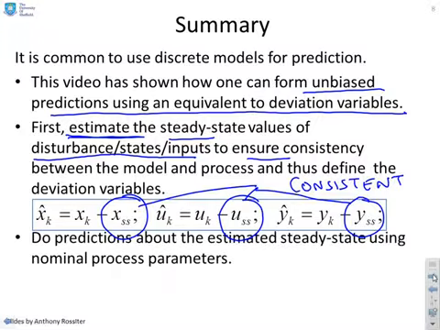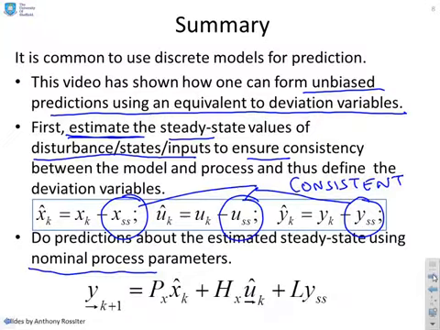Once you've done that, you do your predictions around the estimated steady state using nominal process parameters, and you don't need the disturbance term anymore. So you'll see my prediction is based upon just the deviation variable for X, the deviation variable for U, and I add on the steady state value for Y to get my predictions to the actual value that I need.